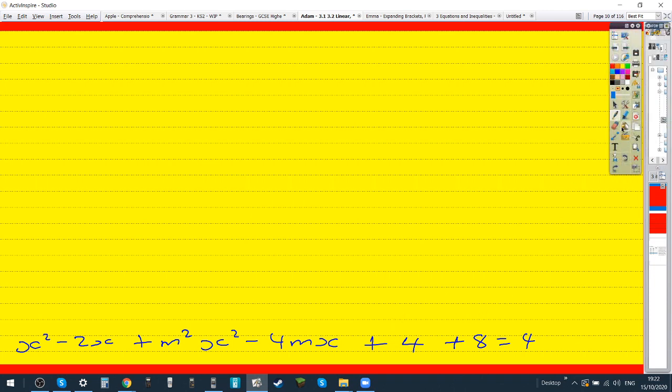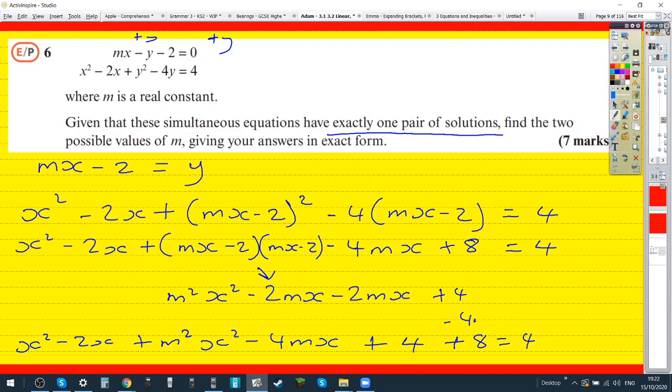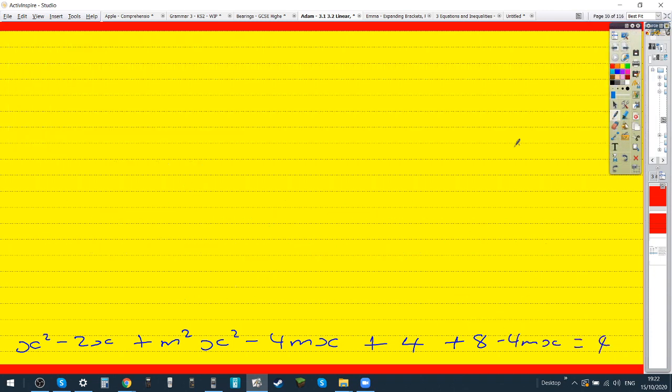What is next? And then you'd simplify minus 4mx and minus 4mx. So it'd be x squared minus 2x plus m squared x squared, and then minus 8mx plus 4 plus 8 equals 4.